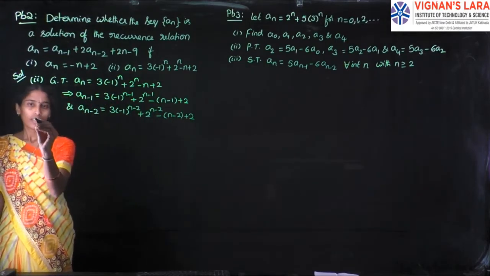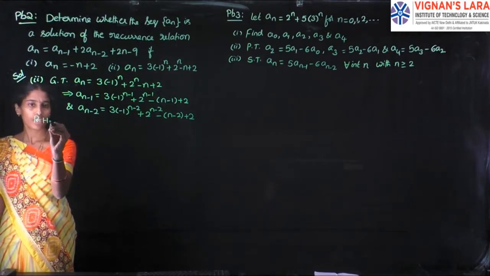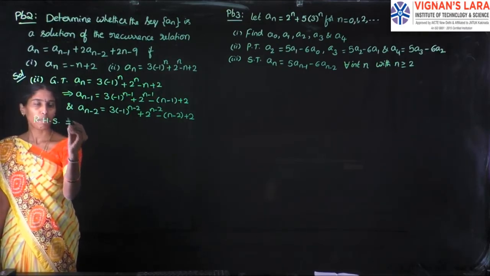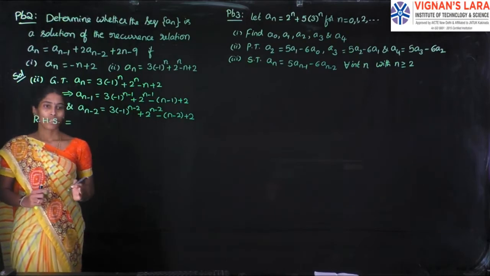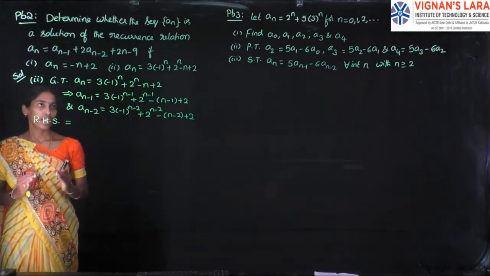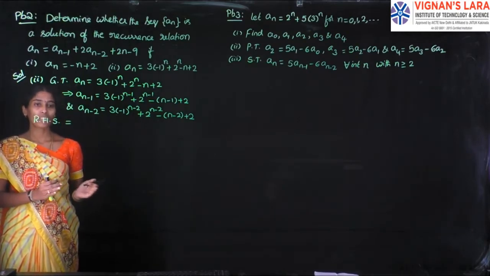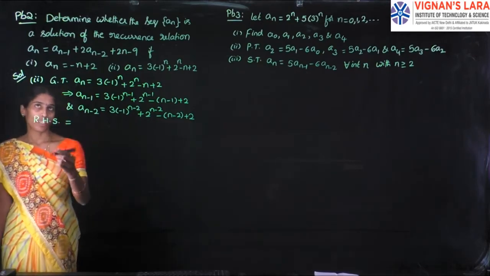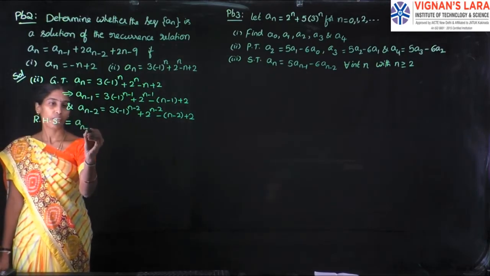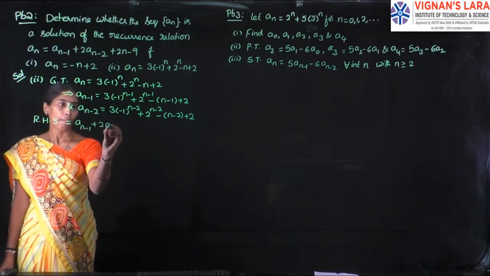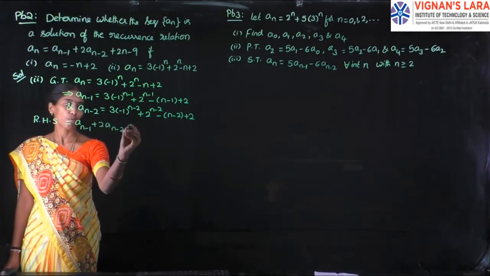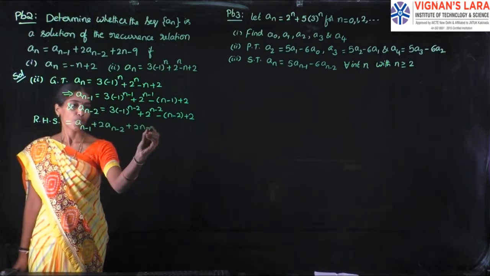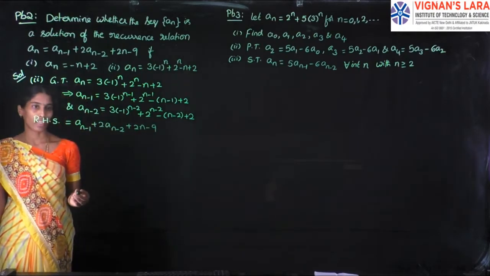Now take the RHS of the recurrence relation because it is the lengthy one. Always we have to consider the lengthy expression and simplify it, then it easily reduces to the smaller expression. What is the RHS? an-1 + 2an-2 + 2n - 9.